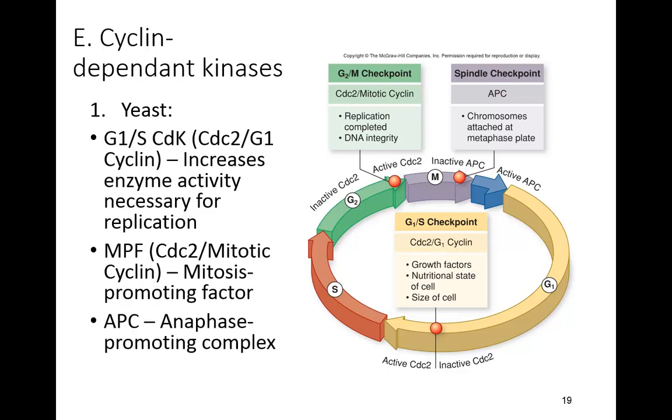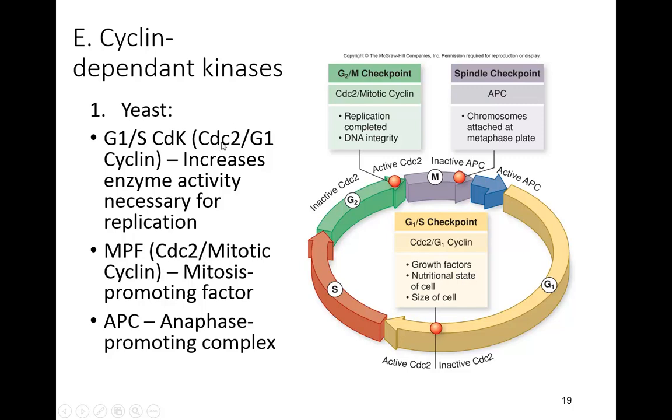So we have two models, yeast and then our animal cell. In yeast, you have this G1/S CDK, also called CDC2 with G1 cyclin, and it increases the enzyme activity necessary for replication. So that would be this one right here, in between G1 and S. Then you have mitosis promoting factor. That's going to be right here at the G2/M checkpoint, and it has CDC2 bound to mitotic cyclin.